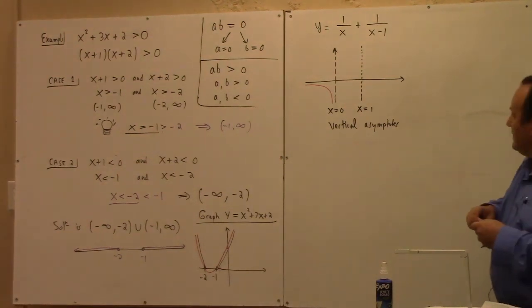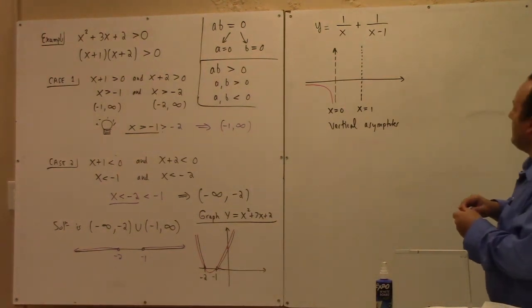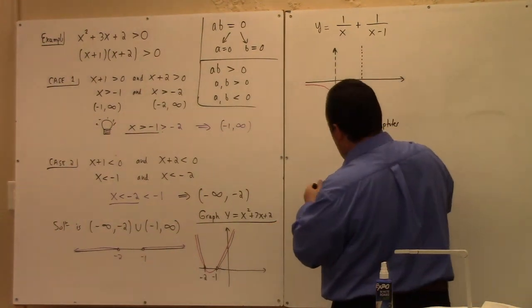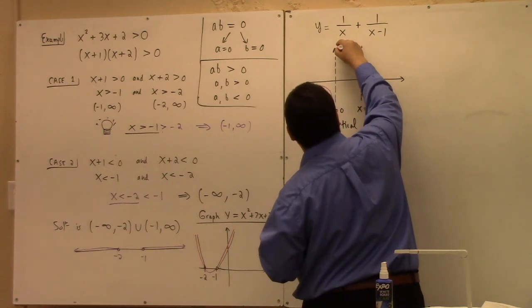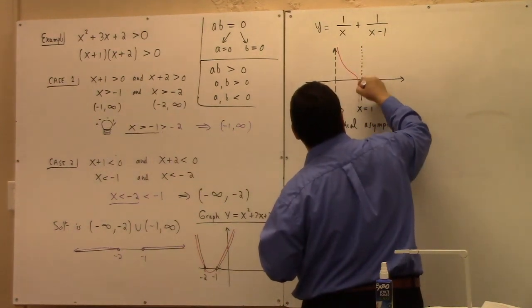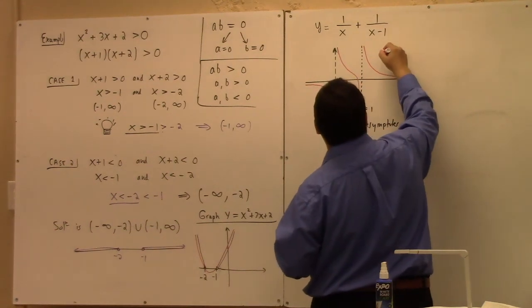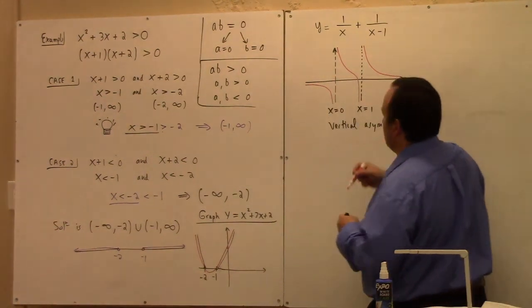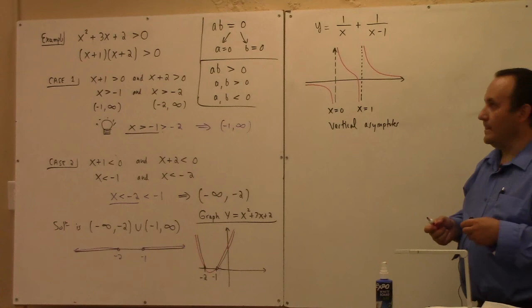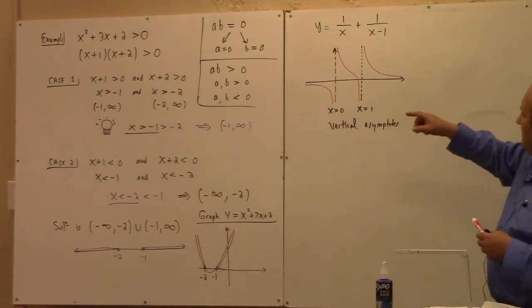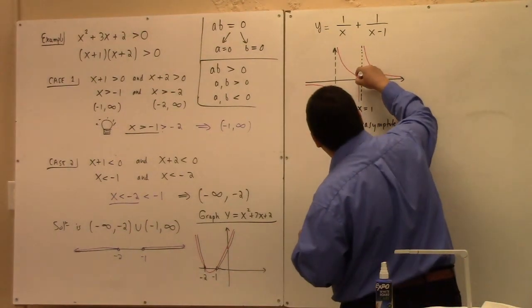So I believe what happens is it does some kind of deal like this, and then it's like this over here again. So this is a plot. The graph looks like these red lines. Where would this happen?